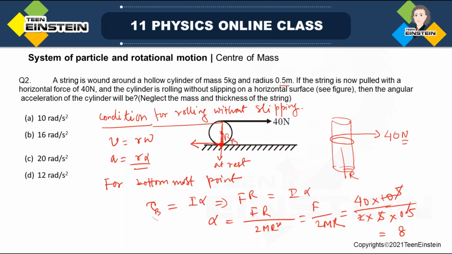We have to actually take this distance. So it will be 2R, not R. 2 into F into R. I'm sorry. So this will be 2 into F into R. So 2 goes off. So this 2 will not be there.